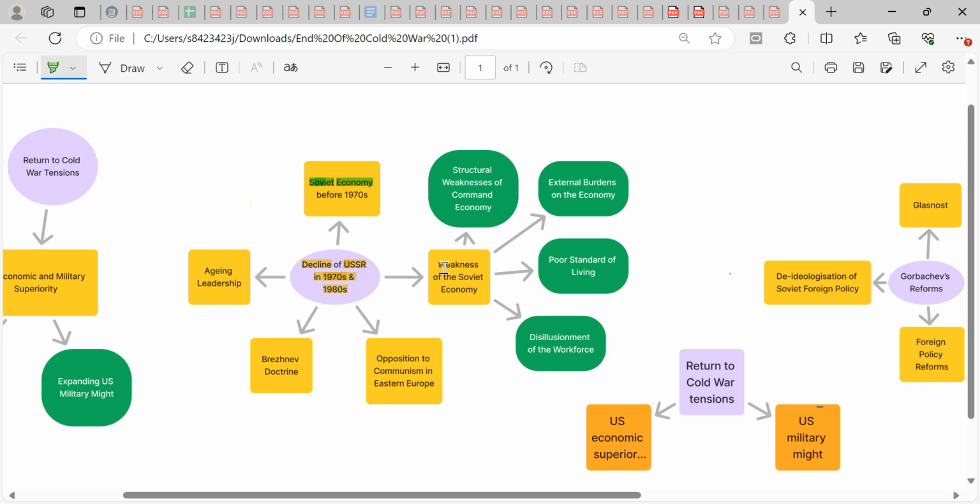And the first factor that we're going to be looking at would be the weaknesses of the Soviet economy, and we have 4 here. Every one of them helps you to understand why it was a big problem. First off, you have the Soviet economy. We didn't learn about Stalin's 5-year plans, but there was tremendous growth at that point of time because you were looking at a much more straightforward economy focused on steel, coal, electricity.